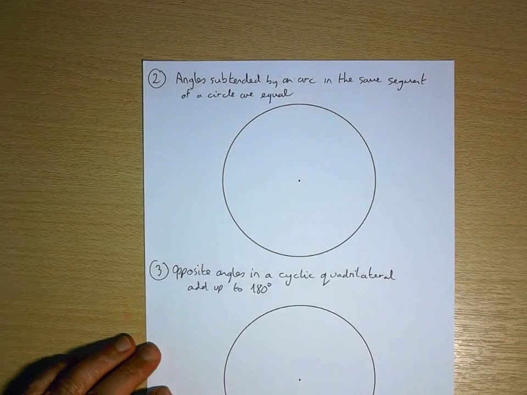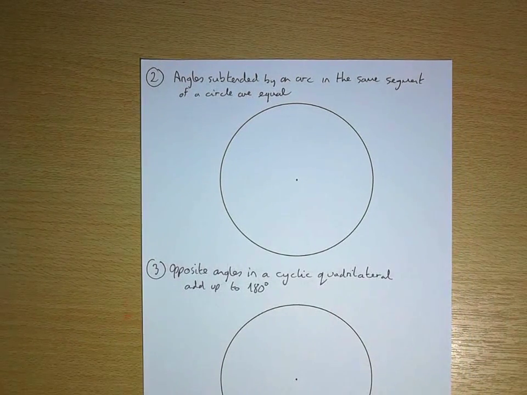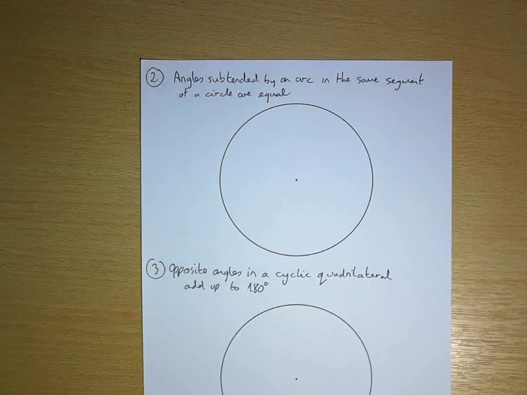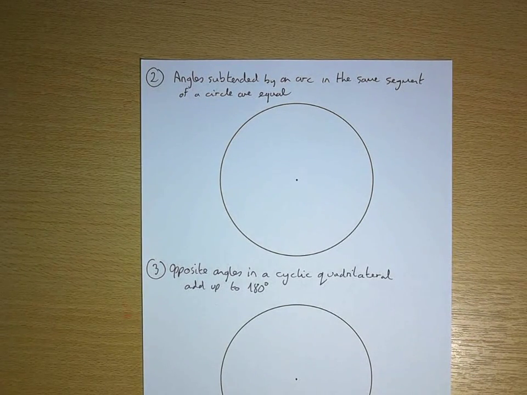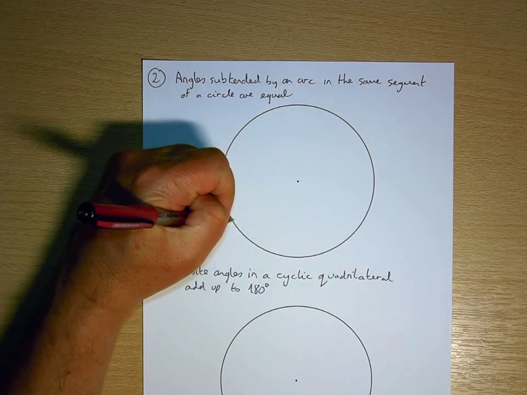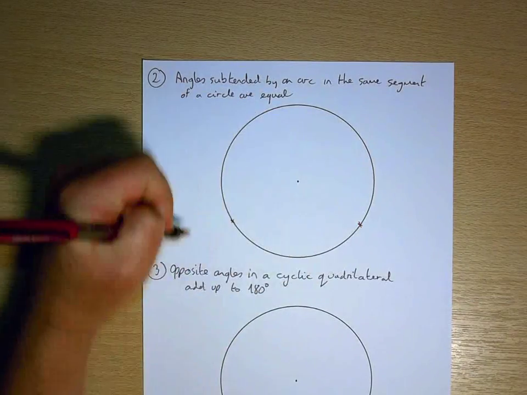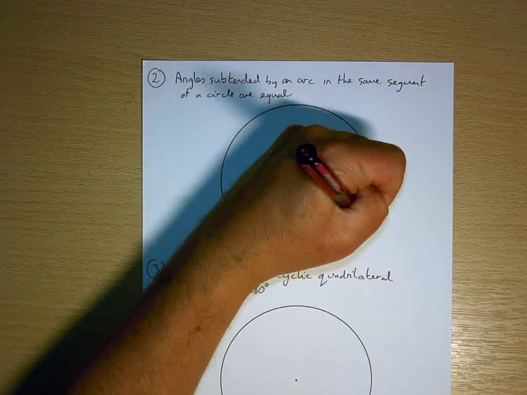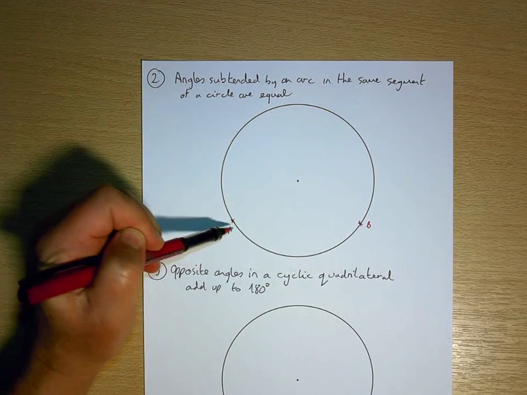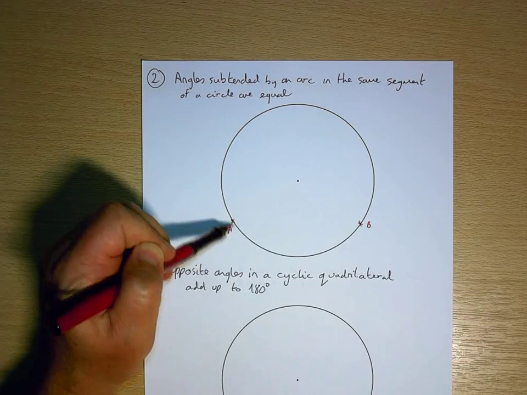Okay, so the next one that we need to know about: angles subtended by an arc in the same segment of the circle are equal. So what that means, again, if we take 2 points A and B, there is our arc.